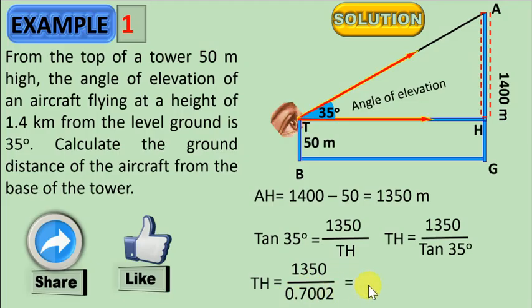Now using the same calculator, divide 1,350 by 0.7002. If you do that very well, the answer will give you 1,928 meters.